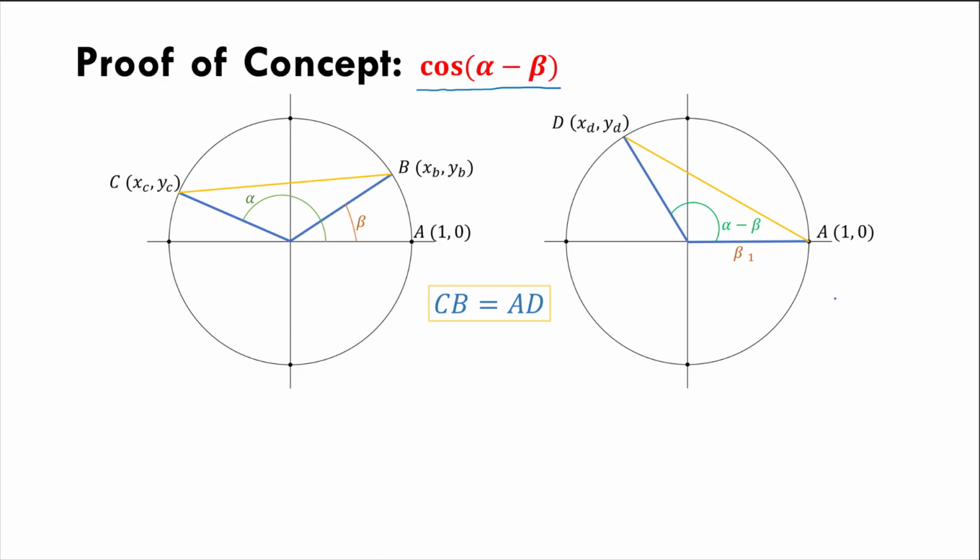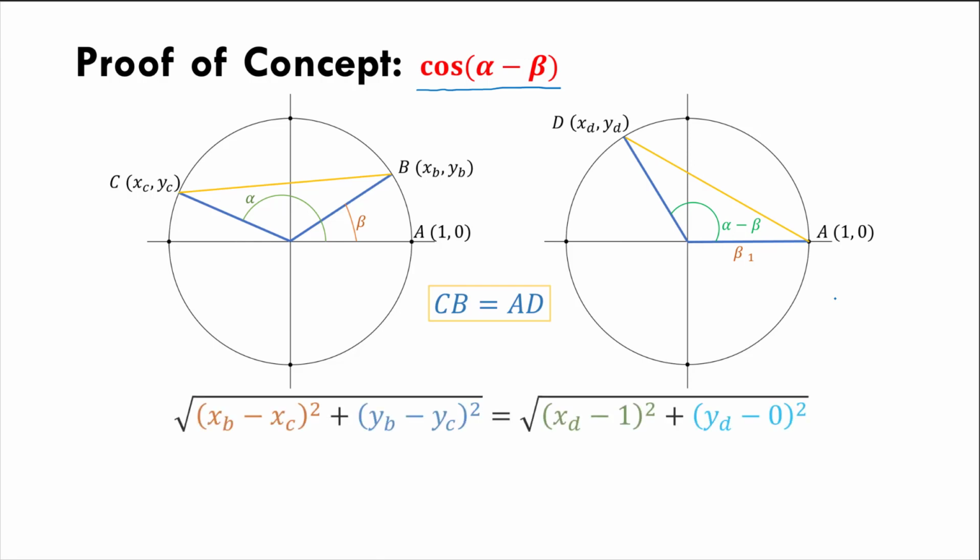So we're going to use our distance formula first, and that's going to tell us that the square root of XB minus XC squared plus YB minus YC squared is the length of my CB right here. The distance of that chord is equal to that formula.